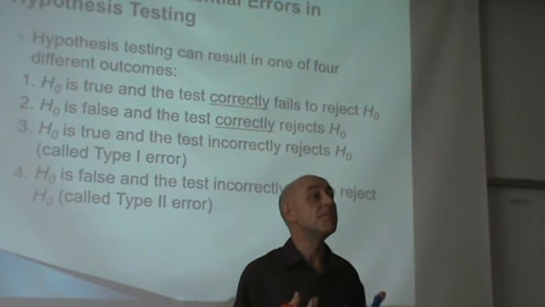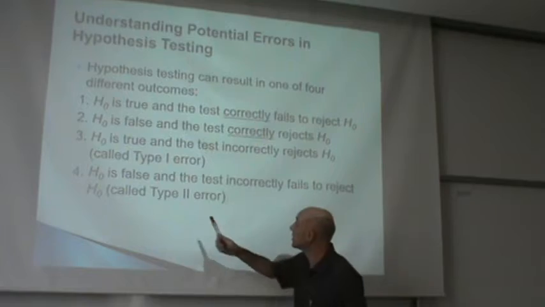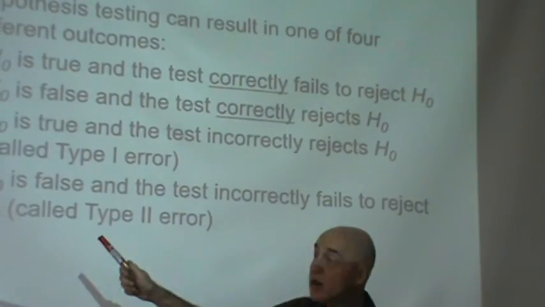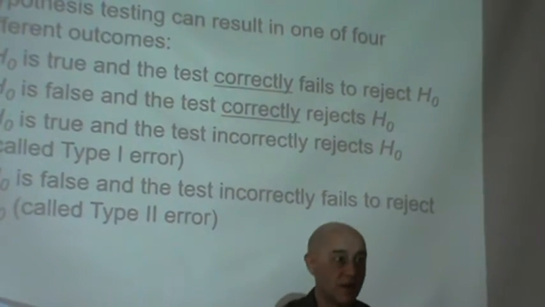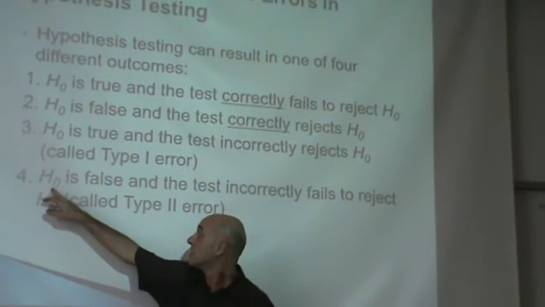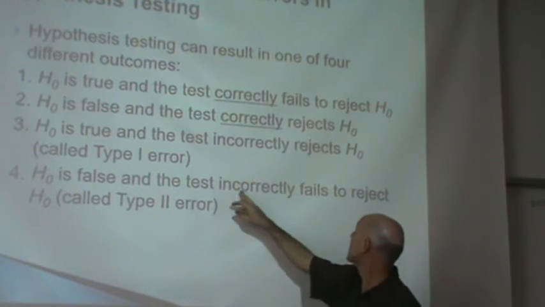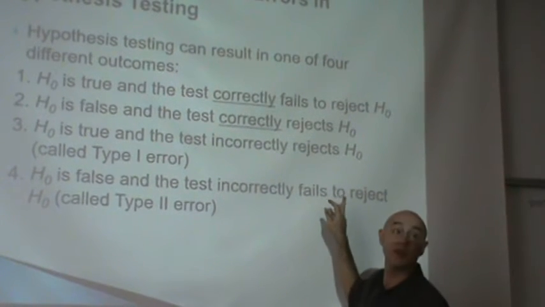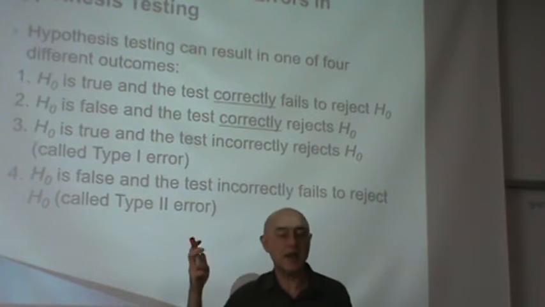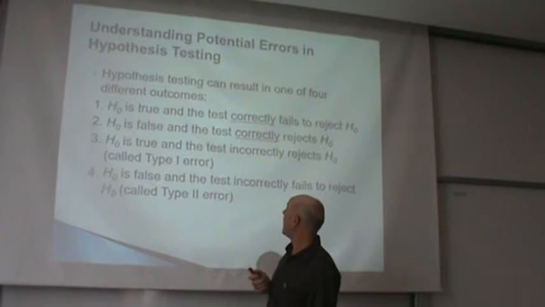The two main mistakes that you can commit in statistics are called type 1 error and type 2 error. Type 2 error is related to the null hypothesis being false and the test cannot reject it. The null hypothesis is false and you can't reject it.